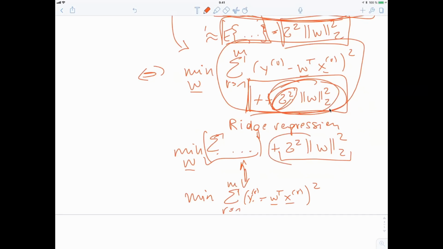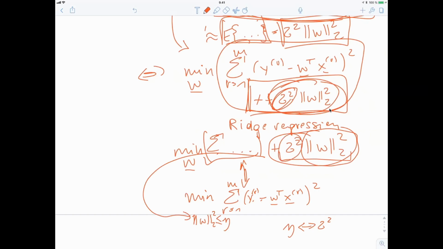And this penalty term in the objective function becomes a constraint: the norm of w squared is smaller or equal than some number eta, and eta is related to sigma squared. It's not a very trivial relation in general, but you can work out for a given sigma squared what would be the eta and vice versa. And this equivalence is called Lagrangian duality.